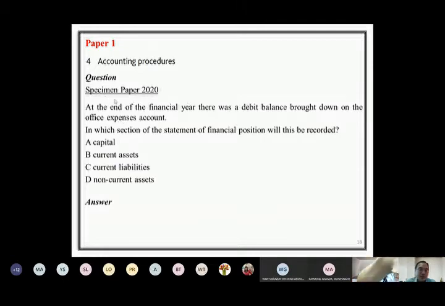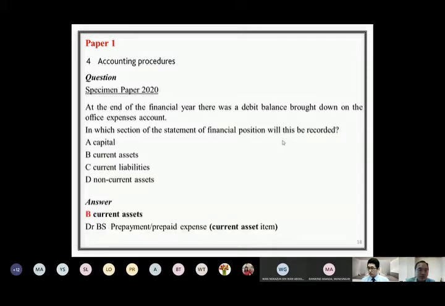So we look at this. When you get a multiple choice question, it's not so clear, and sometimes it's difficult to visualize. Here it says that at the end of the financial year, there will be a debit balance brought down on the office expenses account. In which section of the statement of financial position, which is your balance sheet, will this be recorded?